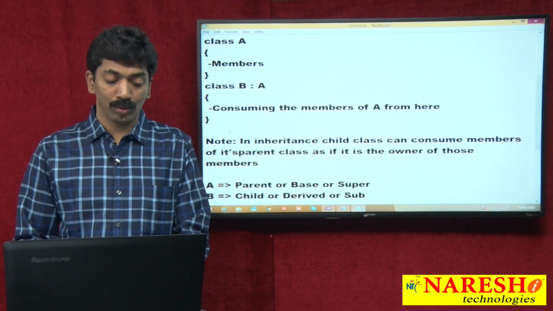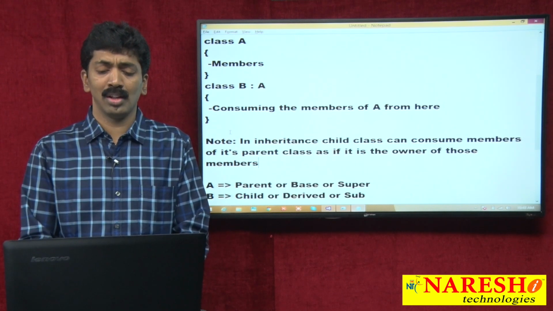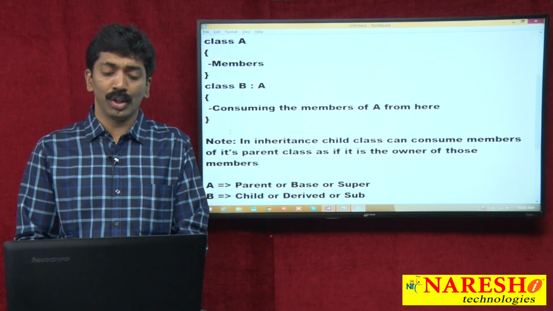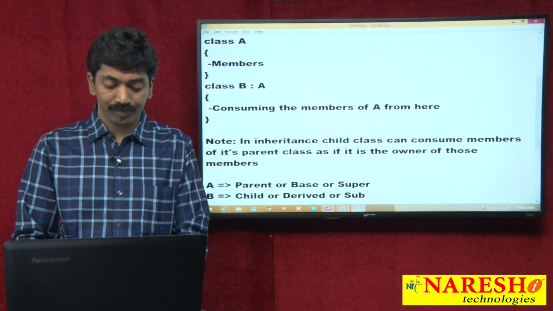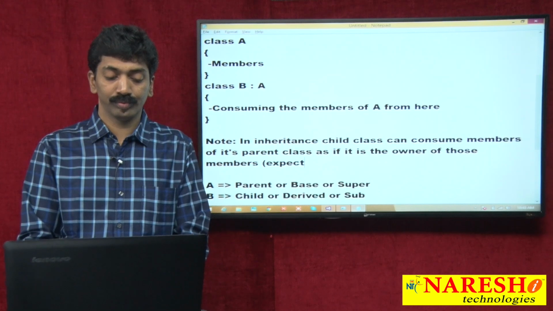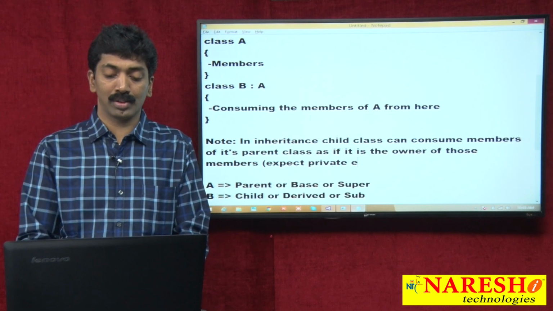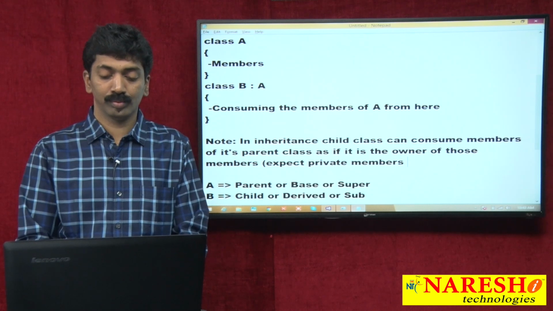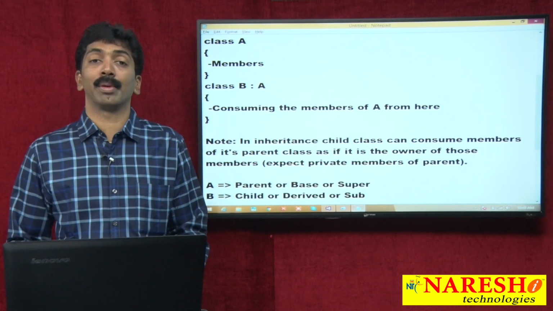The big important thing to understand here is that a child class can consume the members of its parent class as if it is the owner of those particular members, except private members of the parent. So what is this exception, the private members of the parent?